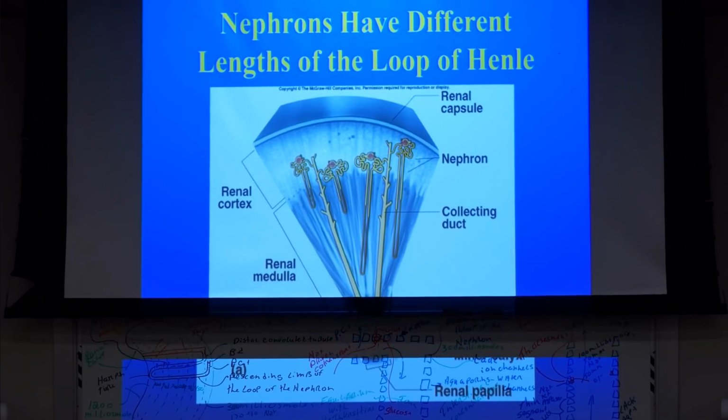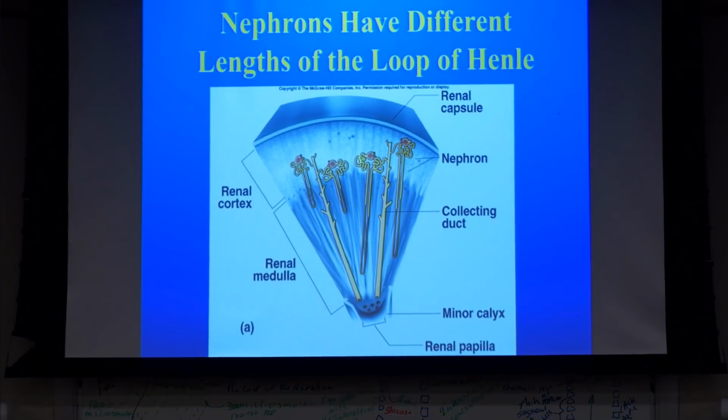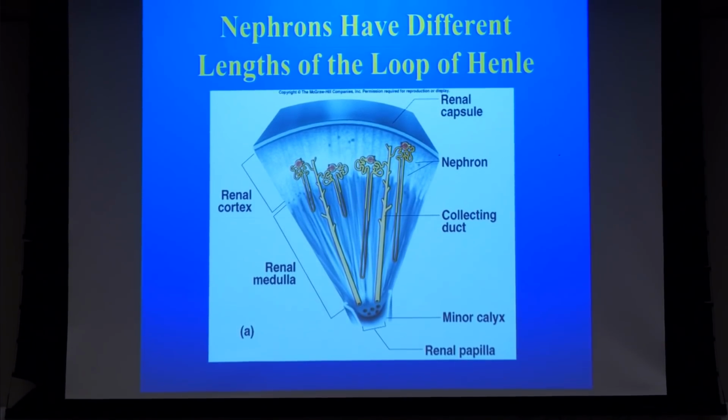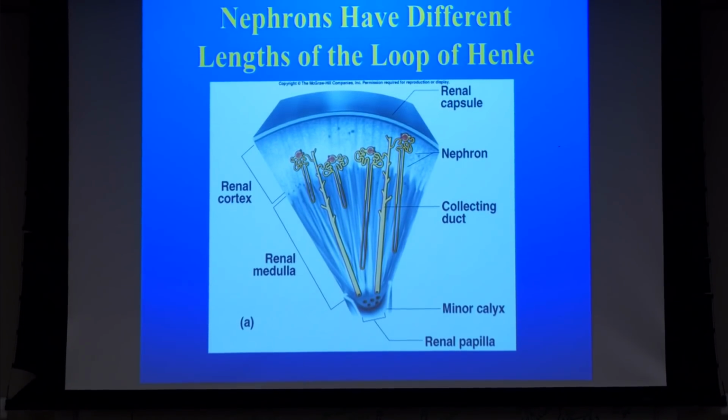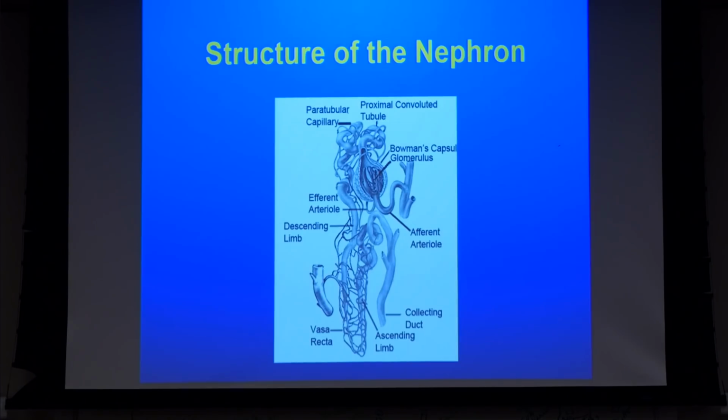We've talked about this great long loop of this nephron. That's the juxtamedullary nephron. That's unusual. Only about 15% of the nephrons are of that type. The rest have these sort of short, truncated nephrons. But they do pretty much the same thing. But it's this long guy that's important for establishing the corticomedullary gradient.